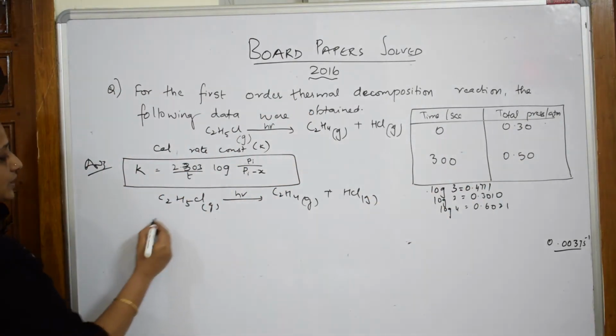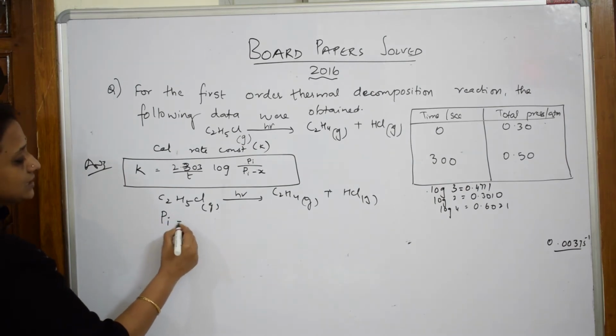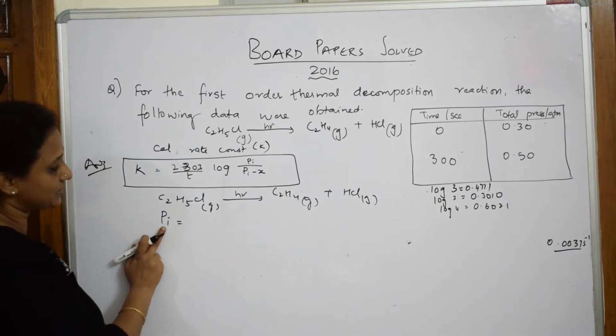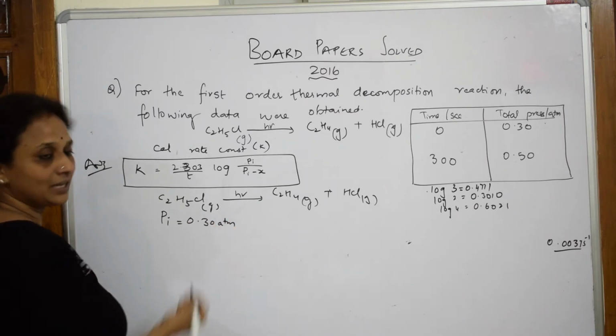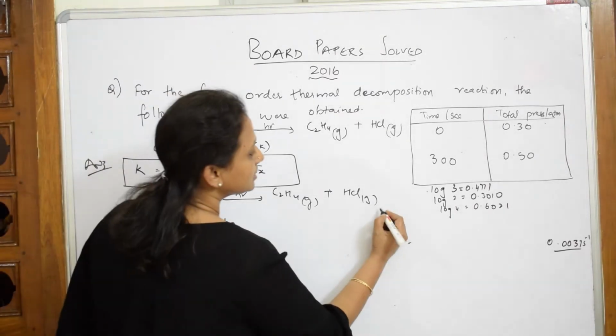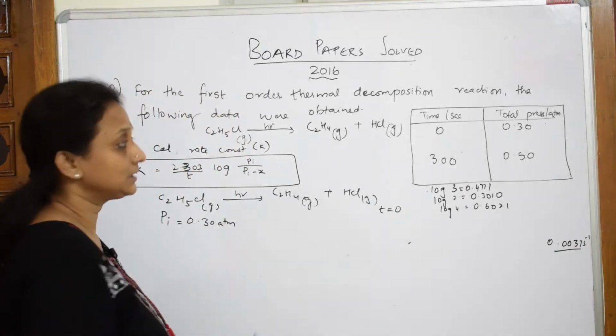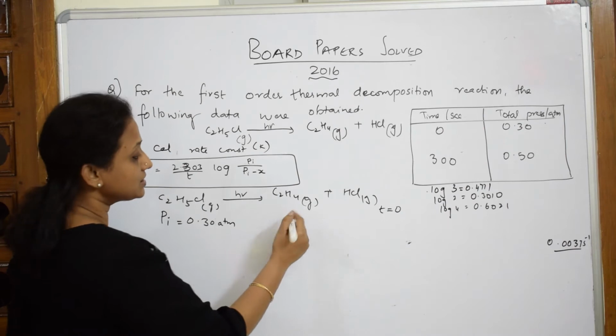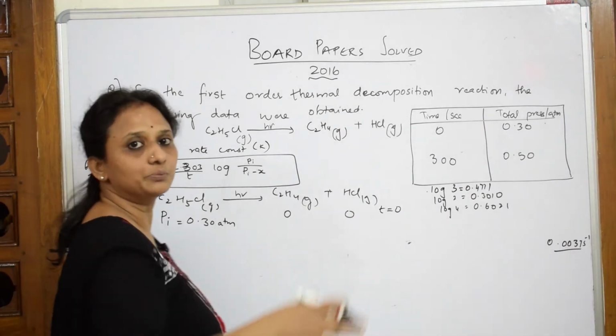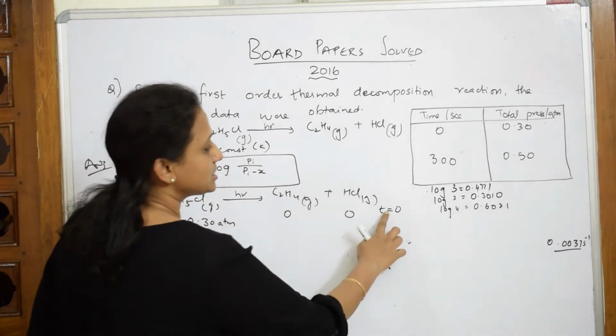So I write Pi is equal to the partial pressure, 0.30 atmospheres, at t is equal to 0 seconds. Now observe, will there be any pressure exerted by the products? No, because it has not yet decomposed at t is equal to 0.